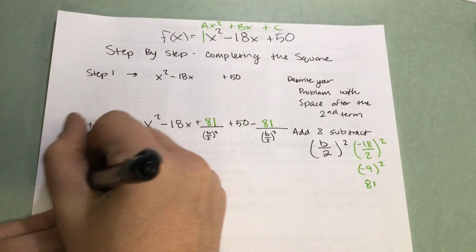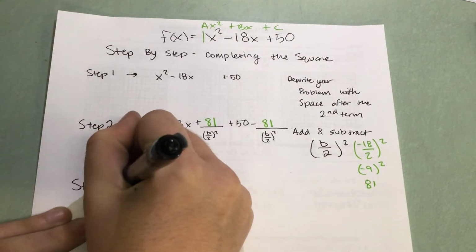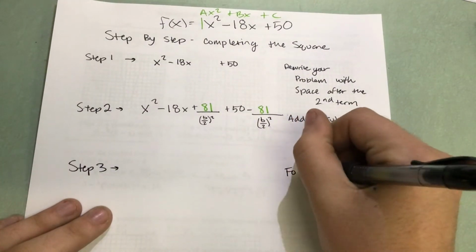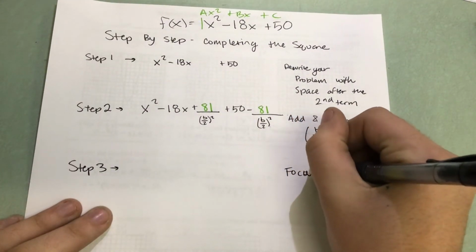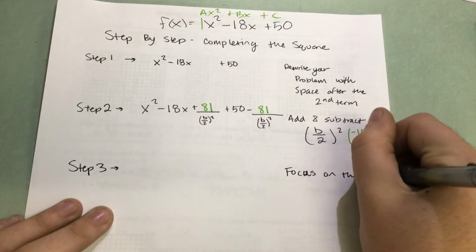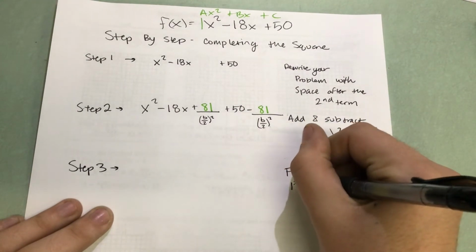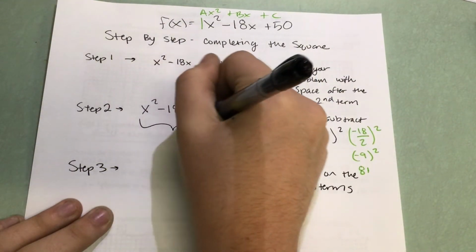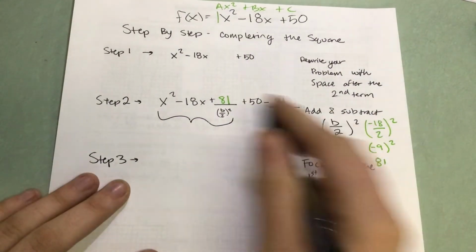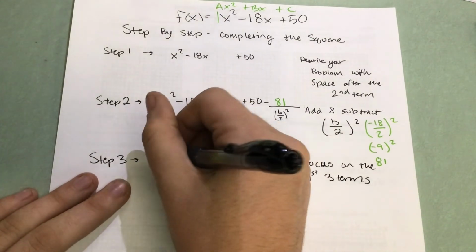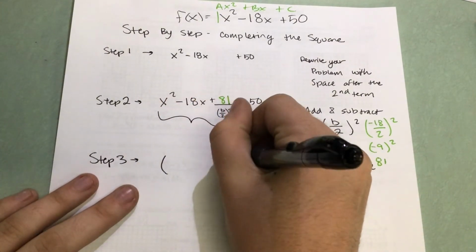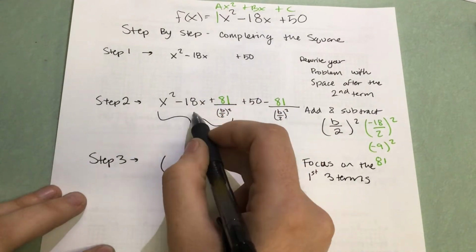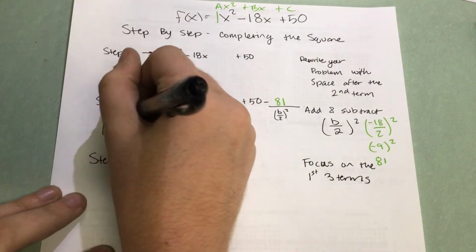Step 3. Focus on the first 3 terms. If I want to write that in vertex form or something squared, you have to imagine, like, what would this be on the box?